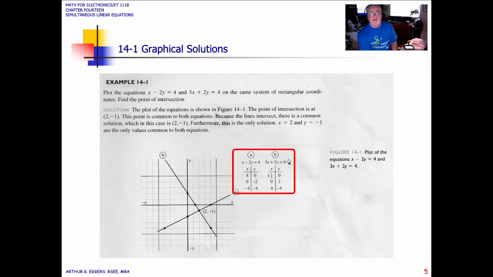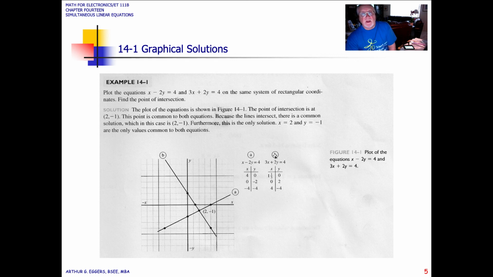Okay, so in doing this, you'll notice the chart for each of those where we chose y equals 0, we got a value of 4 for x. And all we're doing is inserting it into the equation. When we chose x equal to 0, we get y equal to minus 2. And then just for grins here, we chose minus 4 for one or the other and got minus 4.